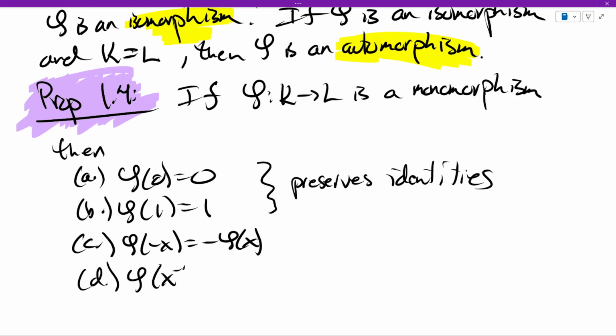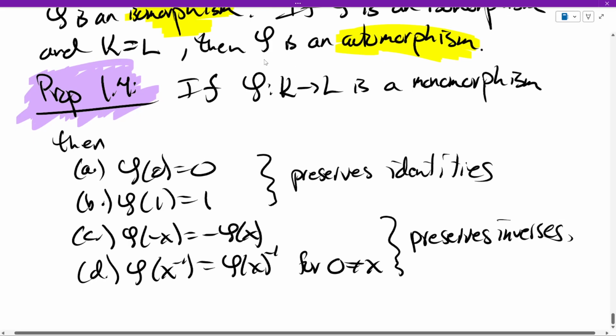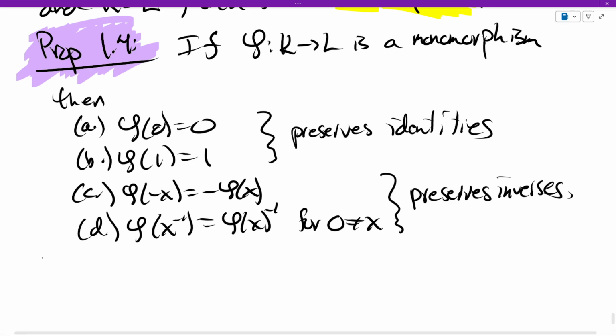Phi of x inverse is phi of x inverse for non-zero x's. So it preserves inverses. Okay. So we get that. Remember, K and L are fields. We get that just from the definition.